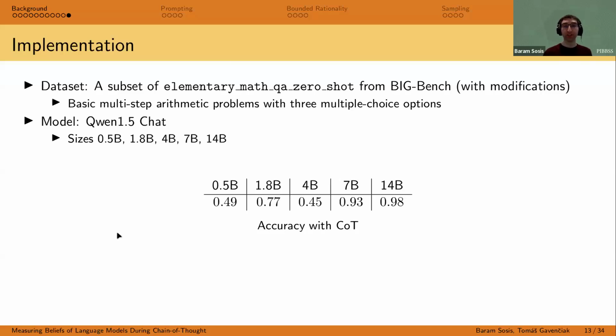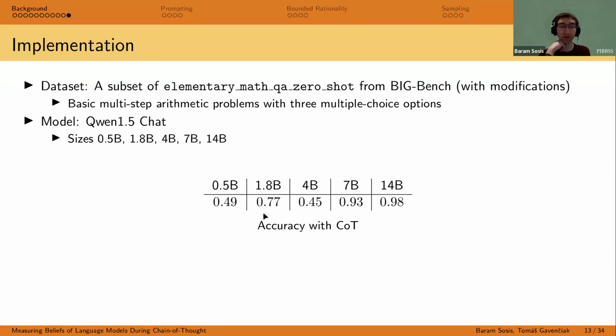So, just some implementation details before we get into results. I'm going to be looking at a data set of basic arithmetic questions. Actually, the examples I showed earlier were from this data set. All of the problems have three options. I'm using a series of 5 models of different sizes. One quirk here is that, for some reason, the 1.8 billion model does a good deal better than the 4 billion model.